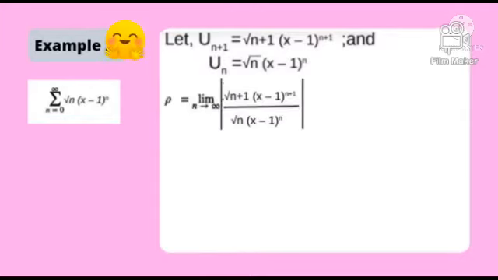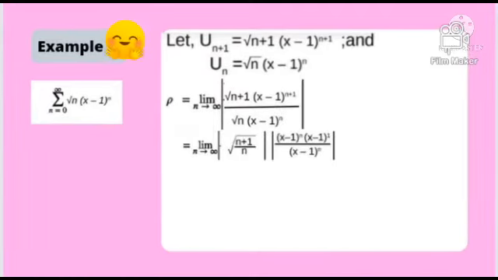So, substitute natin. The limit as n approaches infinity is square root of n plus 1 times x minus 1 raised to n plus 1 over square root of n times x minus 1 raised to n. So, dahil parehong may square root ang ating numerator at ang ating denominator, ibubukod natin siya, square root of n plus 1 over n, then yung nakabukod na isa, which is x minus 1 raised to n, times x minus 1 raised to 1 over x minus 1 raised to n.